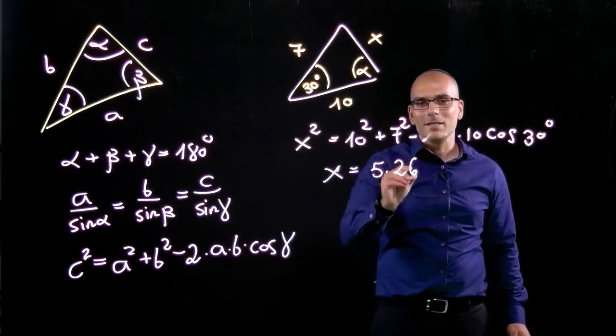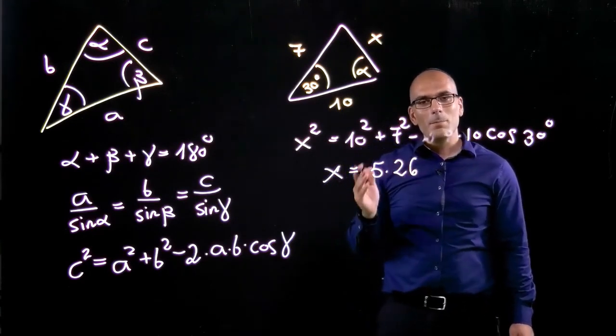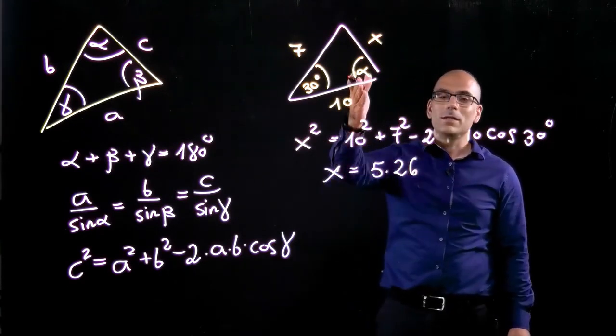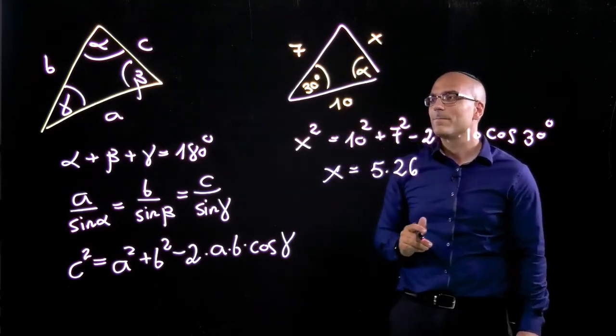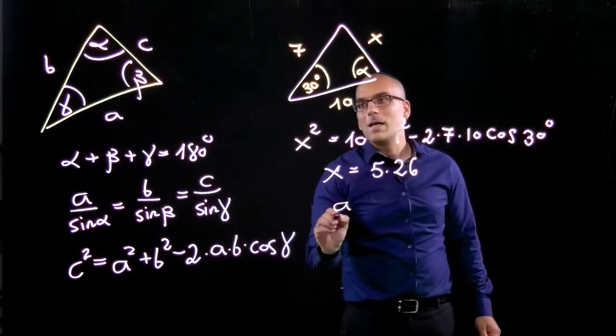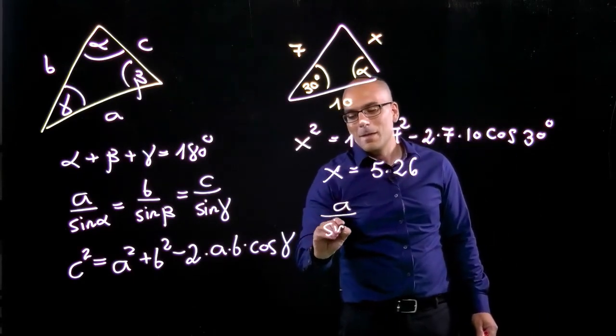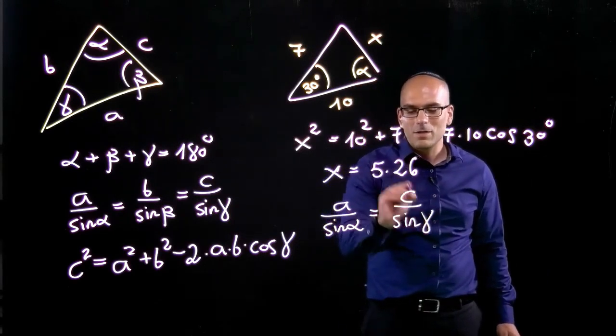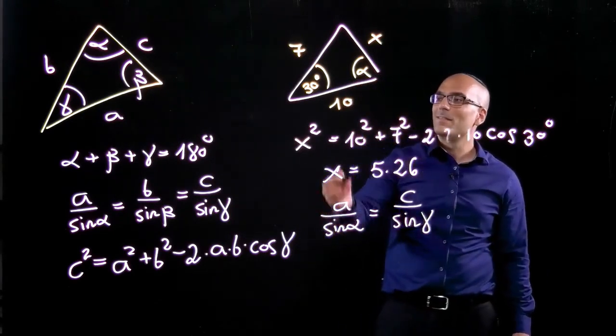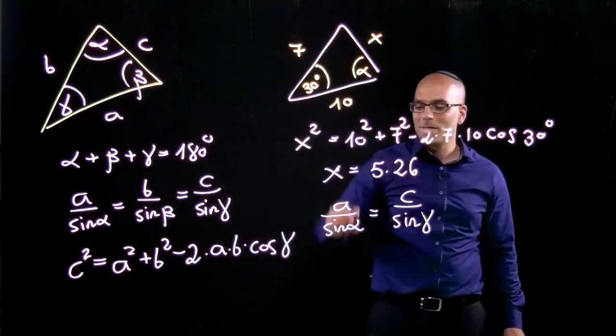In order to ascertain the value of angle alpha, we will make use of the sine law. Opposite to alpha, we have 7.